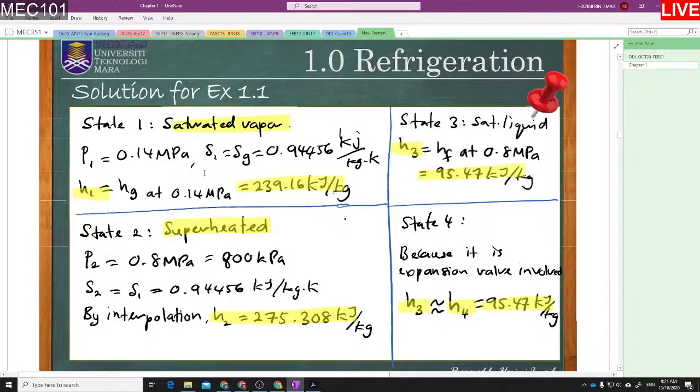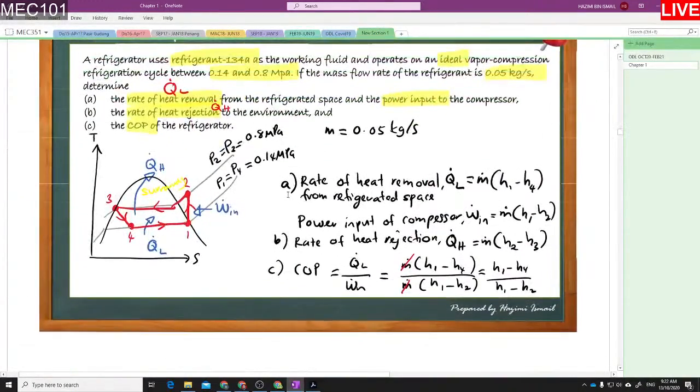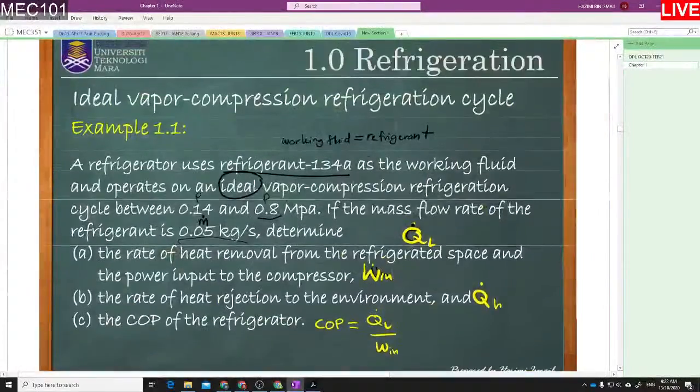Okay, this I should not have to show anymore because we have already learned in MEC251 how to use your properties table, how to find the value of enthalpy or any other thermodynamic properties at that particular state from our properties table. But make sure you find the value in the correct table, because we use refrigerant 134A. Make sure you find the value in R134A in the properties table.